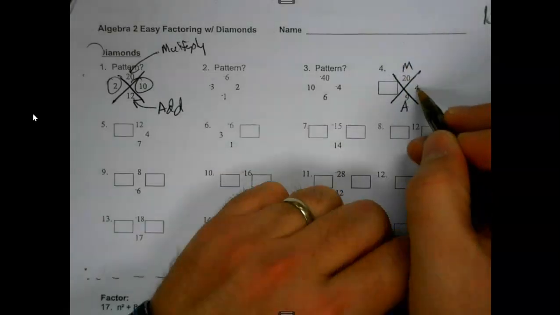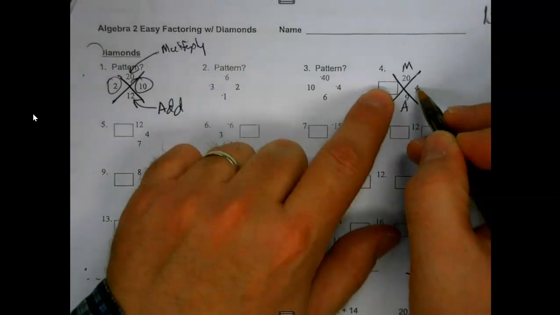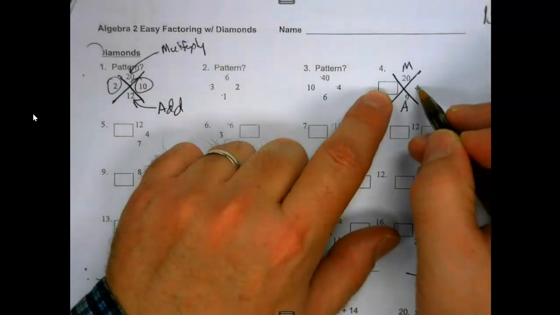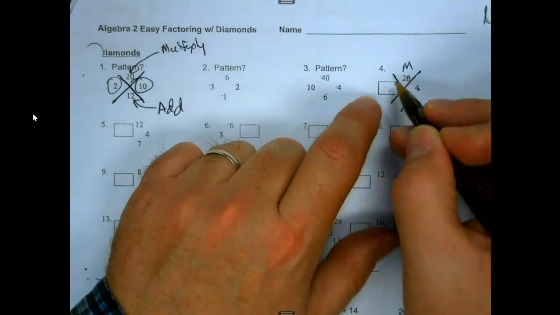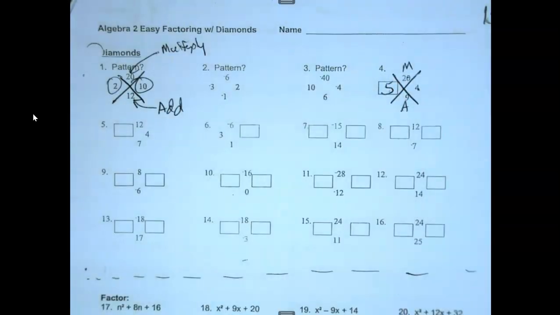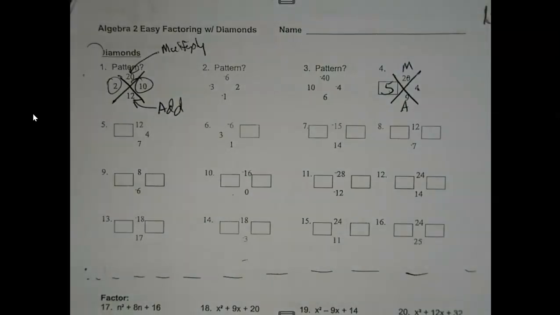I know one of the numbers is 4. So I either got to think, what number plus 4 is 9, or what number times 4 is 20? It's the same number. Okay, it's 5.